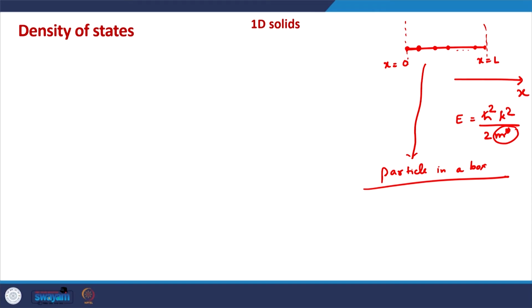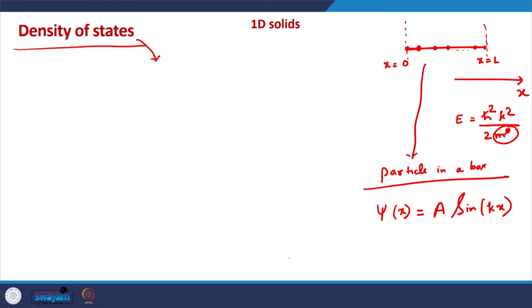So, for density of states, please remember this: in order to calculate the density of states, which is the number of allowed electronic states in a material, we need to first solve the Schrodinger equation for that material, and the Schrodinger equation solution for a 1D solid would be essentially the same as the solution for a particle in a box.